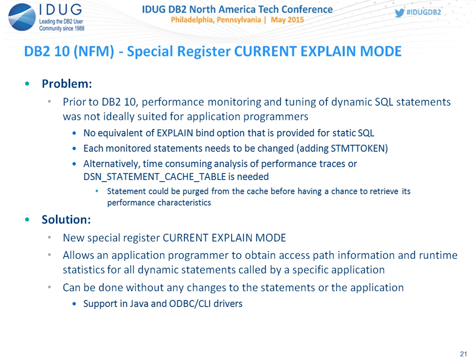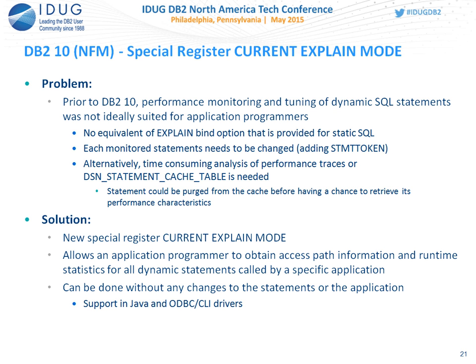So talking about all that, what about our poor developers, right, who really want to make sure their application is running well and efficiently and do all their due diligence? Because there's millions of them that are really interested in doing this. But anyway, we've got the current explain mode special register, which tries to extend the functionality that we had with static packages for explain.